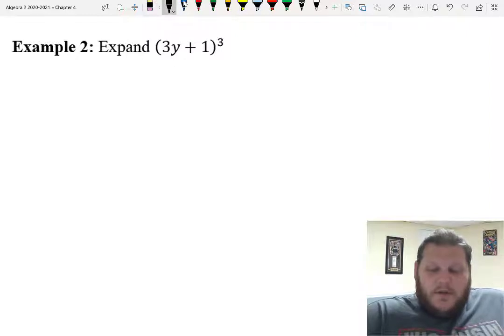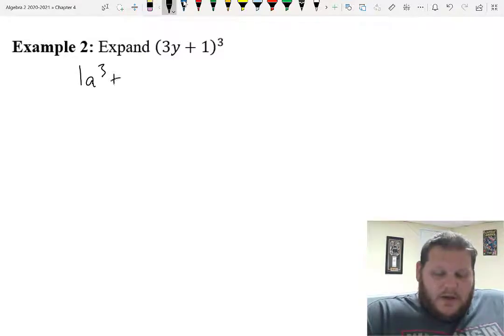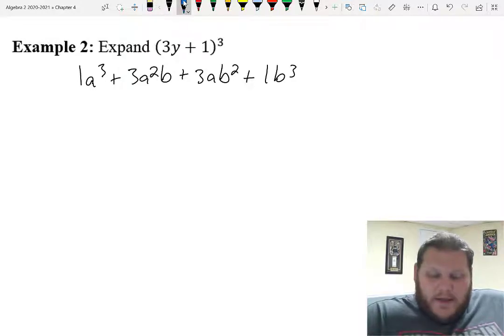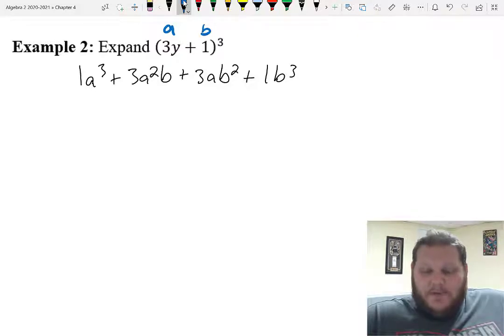But in this case, I'm going to show you what that looks like for binomial expansion. Here we've got a 3rd power, so just copying from above, we are going to use 1a cubed plus 3a squared b plus 3ab squared plus 1b cubed. Here a is going to be 3y and b is going to be positive 1.